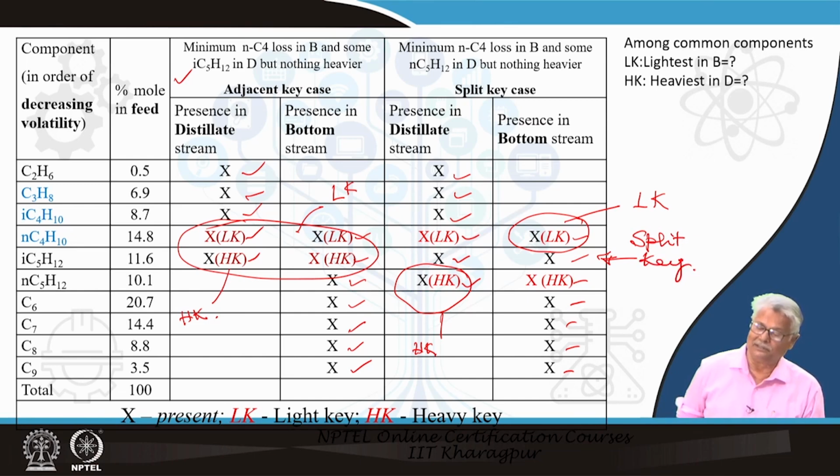So, naturally, all key components will be present in both distillate as well as the bottoms. The light key and the heavy key will be the extreme ones, and the split key will be present in both as well. Normally, the split key is considered to be distributed between the distillate and the bottoms according to their volatility, and this we will see later on when we come to the calculations.